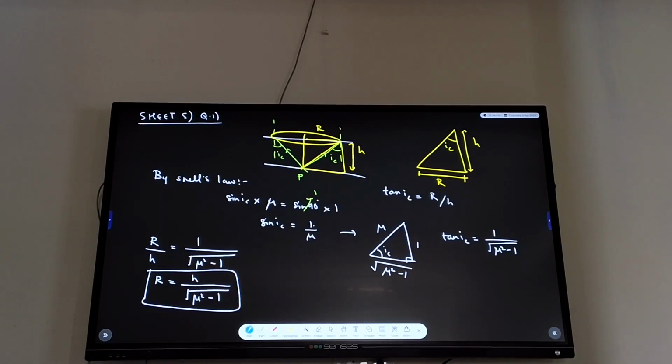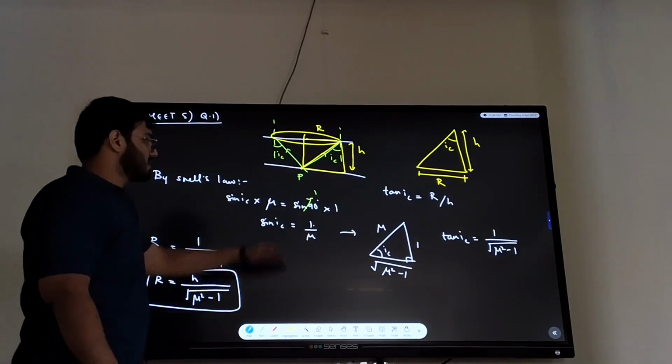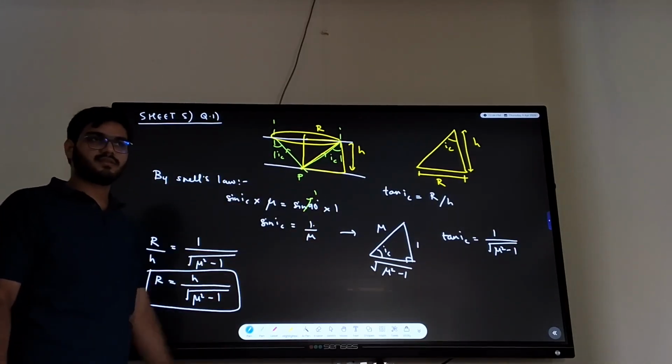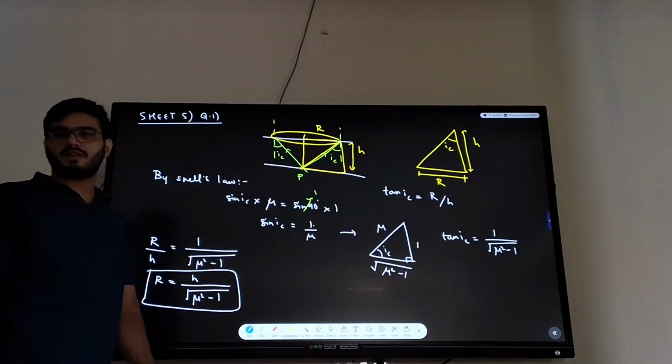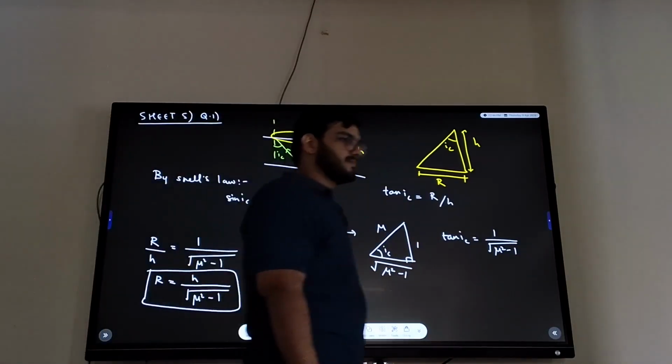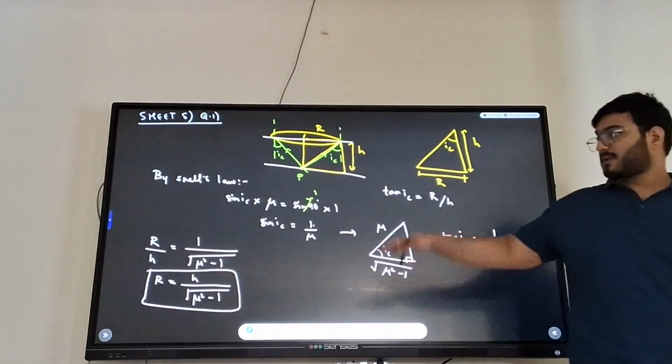What is your question number 3? Let me make the figure of 3. Is it written? Let me wait 1 minute. Is the first part of it written?